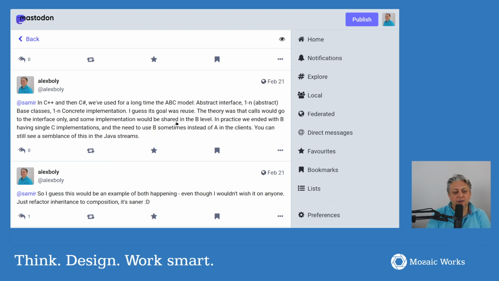And I think that here the goal was probably reuse for this type of hierarchies, and it was easy to create them, more or less. The problem was that they were difficult to change if you had the wrong abstraction.